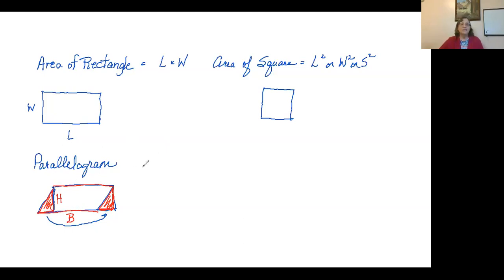The height of a shape is the perpendicular distance. So it's at right angles to the other side.